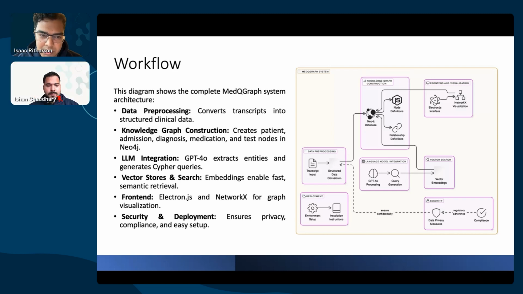We define the nodes and relationships based on a normalized mapping that helps us map the electronic health record to our defined structure, and then we use NetworkX to visualize, and then we use vector embeddings for the query generation and also retrieval, summarization, and recommendation. We also made sure security and compliance are paramount, because it is one of the most important aspects of maintaining the privacy and security of hospital data.